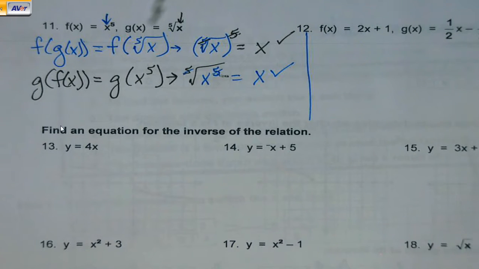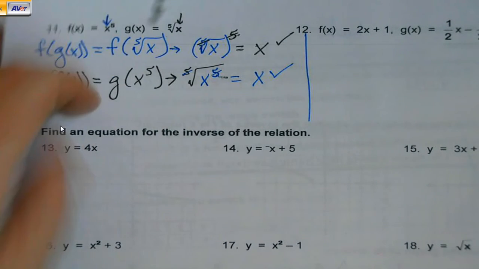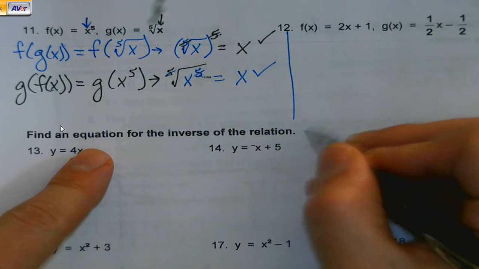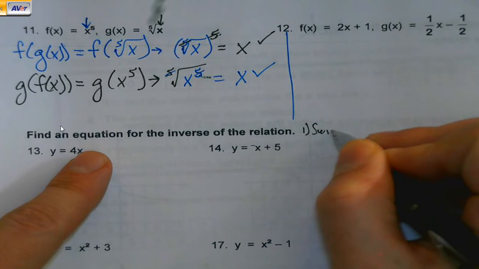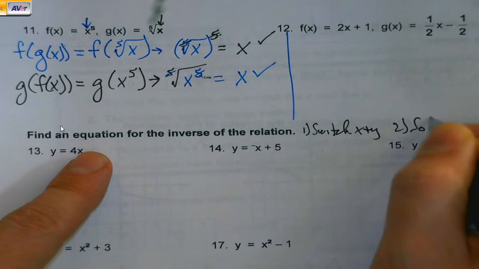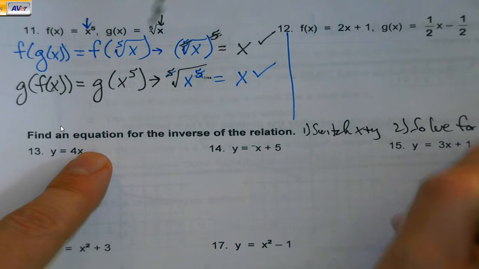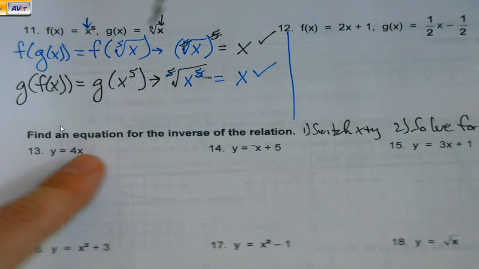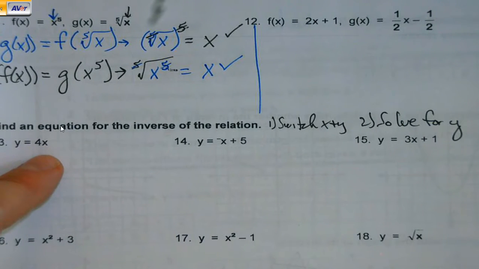And I'm good. So when you're asked to prove it, that's how you prove it. If you're asked to verify it, that's how you verify it. We make that work. And so then the last thing we're going to do, because again, define an equation is the switch x and y, solve for y part. So once we switch x and y, we're going to get y by itself, and we're going to be done.